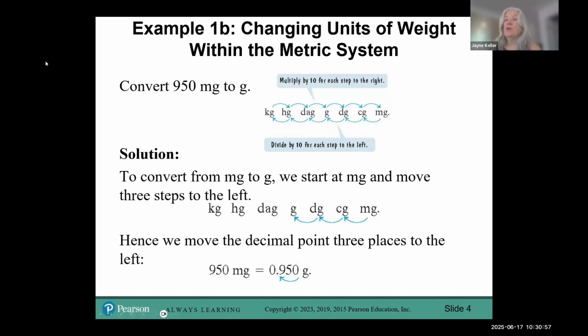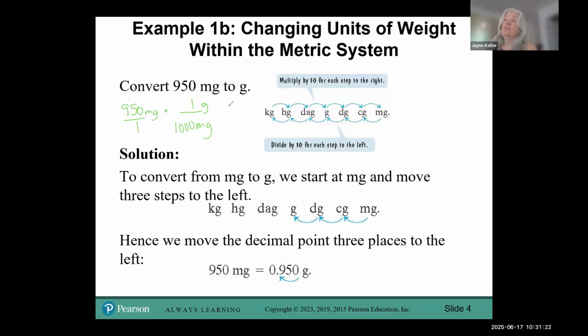Or if you prefer, you can also think of this as using the unit multiplier, which, remember, I'm converting 950 milligrams, and I can write that over 1. And I want to convert that from milligrams to grams. So I'm going to say there's 1 gram is 1,000 milligrams.